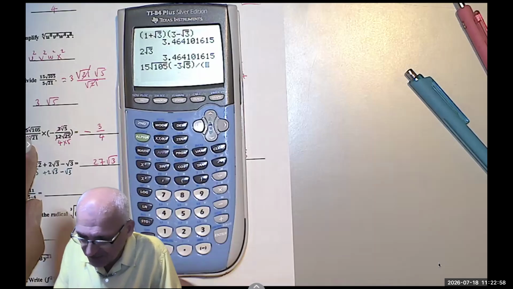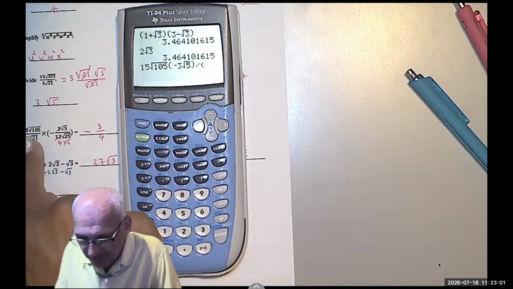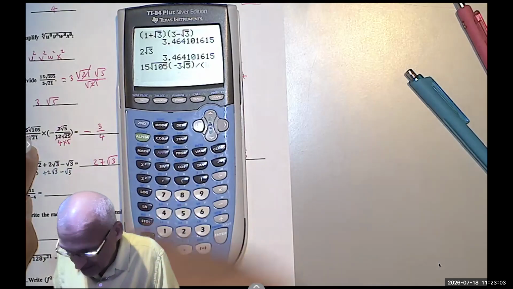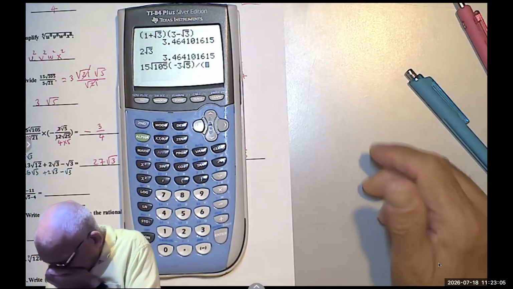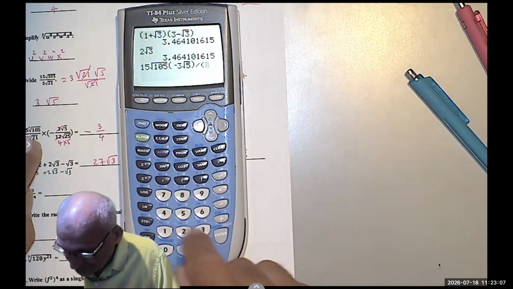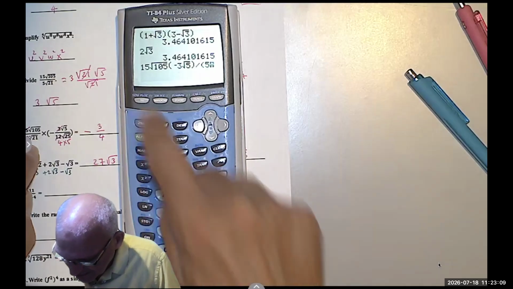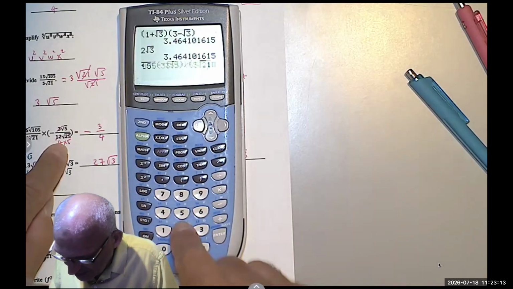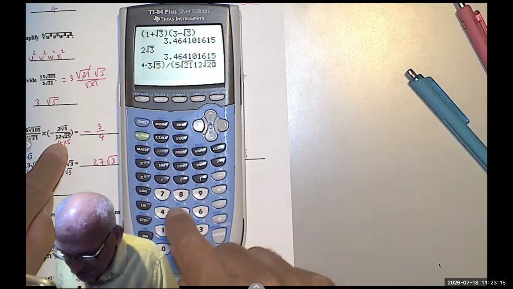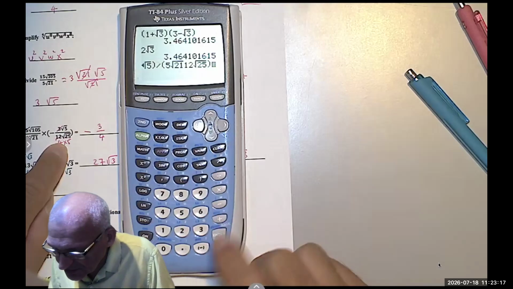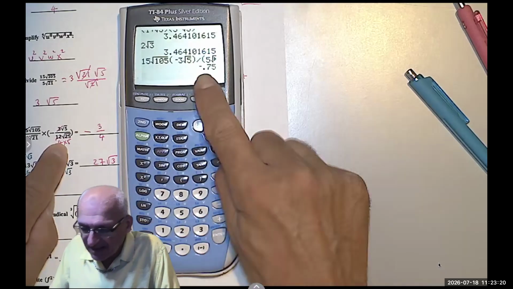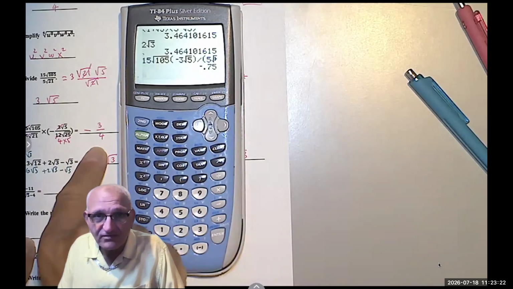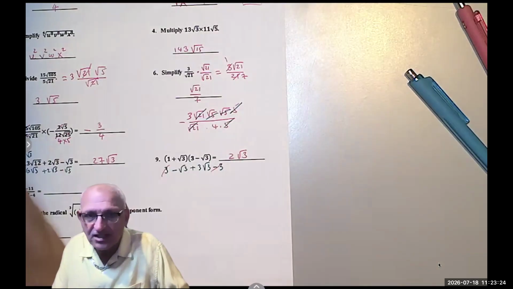If you don't do that, it will just divide by this number and then multiply by the next. So you have to, 5 square root of 21 times 12 square root of 25, which is 5. Let's see what we get. We get negative 3/4, negative 0.75. So checking is so easy.